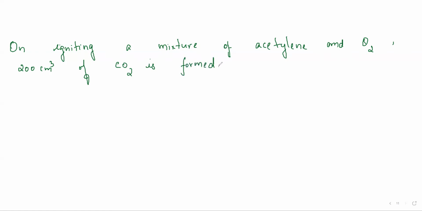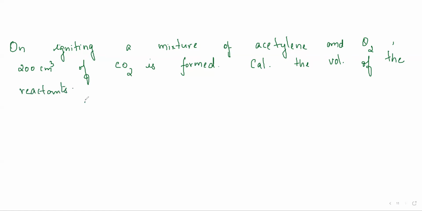Here the volume of reactants is not given to you, but the volume of the product is given. Calculate the volume of the reactants, that is acetylene and oxygen.